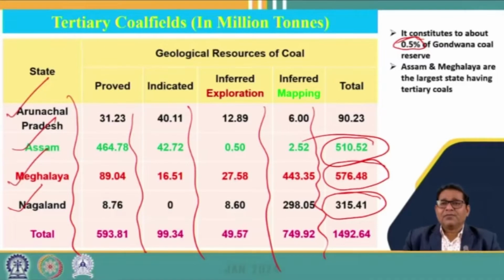This type of coal contains a lot of sulfur and nitrogen content, and basically leads to a lot of acid mine drainage problems. So these coal fields are associated with acidic mine water generation, whereas in the Gondwana type of coal fields, alkaline wastewater is generated.